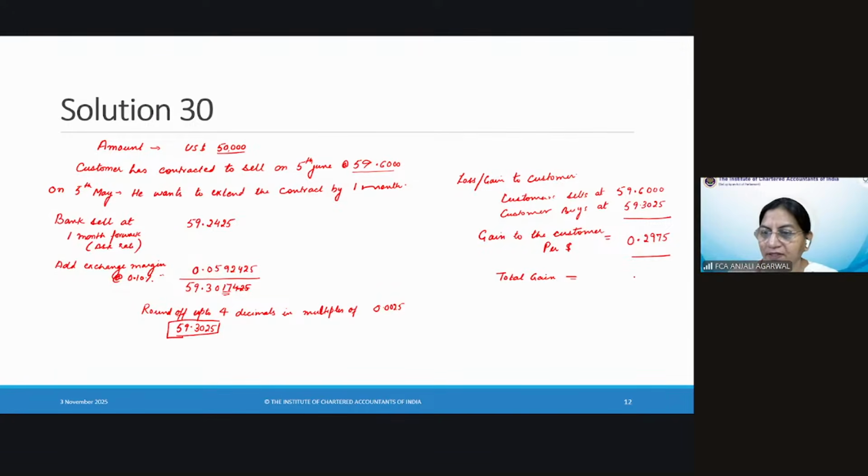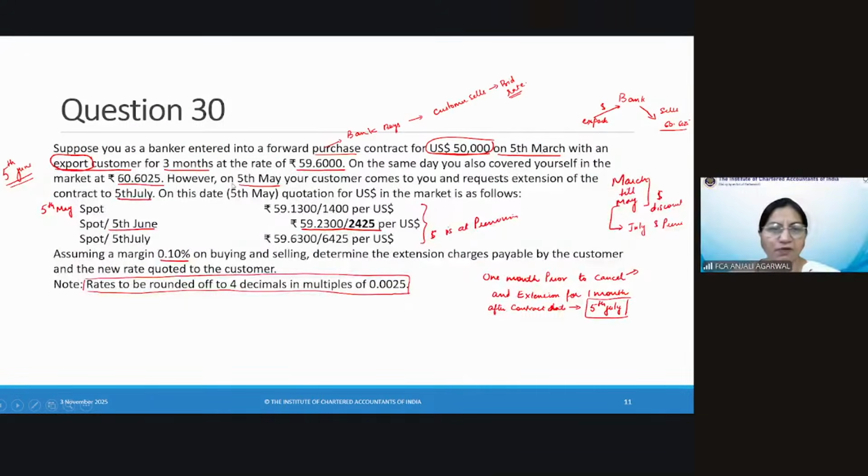So the gain to the customer is 14,875 rupees. Okay. Gain due to the cancellation of the contract to the customer is 14,875 rupees. I hope there is no doubt.